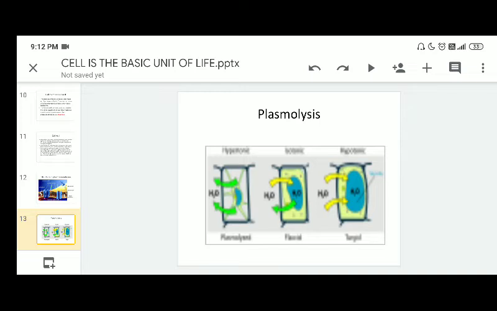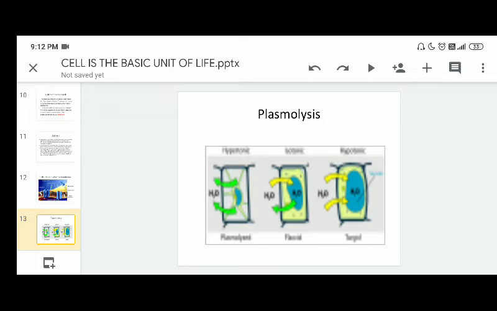Now this slide shows the process of plasmolysis. In the first case, you see the gaps are left out as cytoplasm left the cell wall. In the second case, it is in between, meaning water entering and water moving out. Such a condition is known as flaccid.